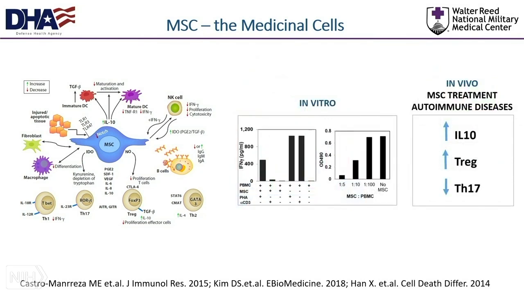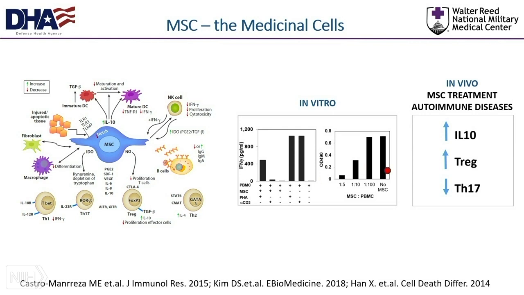So in vitro, this is one of our data, that they are very potent in terms of their inhibition of the T cells in the presence of mitogen or anti-CD3 treatment or activation. In the presence of MSC, the proliferation is nil compared to in the absence of MSC.